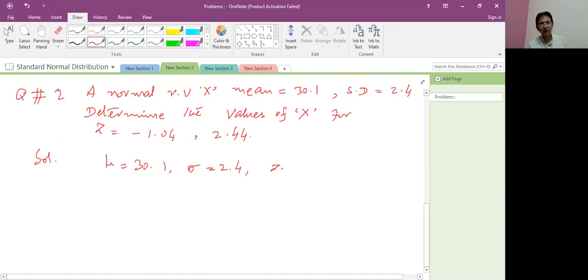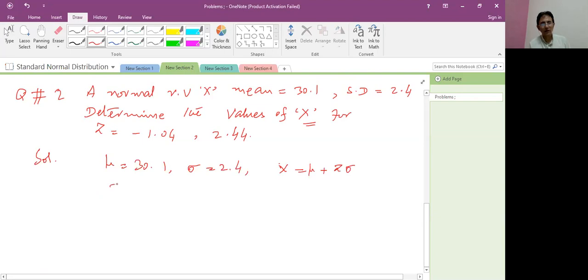What is x? Student, here we are applying the formula to find the value of x. We are applying this formula in this situation: x is equal to mu plus z times sigma.